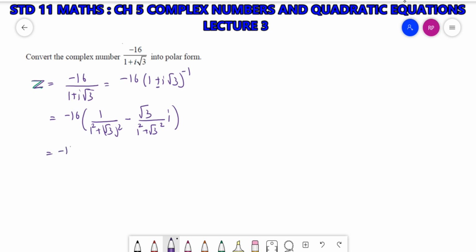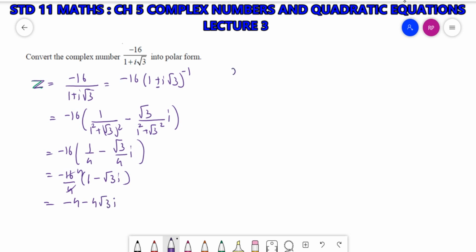This will be equal to minus 16 into 1 upon 4, since 3 plus 1 is 4, minus root 3 by 4 i. So taking 4 common, 1 minus root 3 i. So 16 divided by 4 is 4, this will be equal to minus 4 into 1 minus root 3 i, which is minus 4 plus 4 root 3 i.